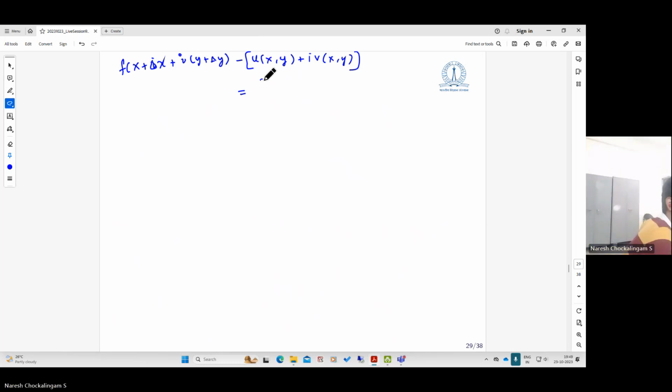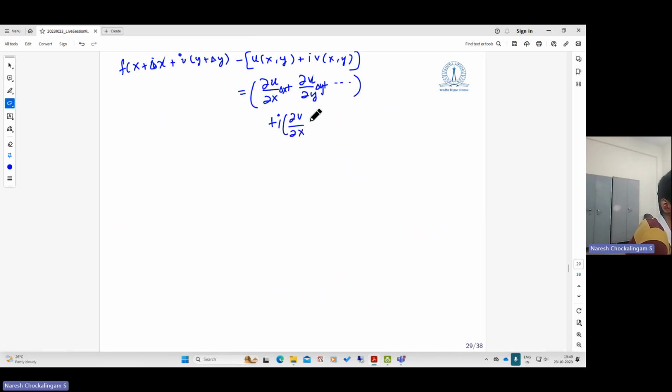We have partial u with respect to x delta x plus partial u with respect to y delta y plus the higher order terms, plus i times partial v with respect to x delta x and partial v with respect to y delta y and the higher order terms.